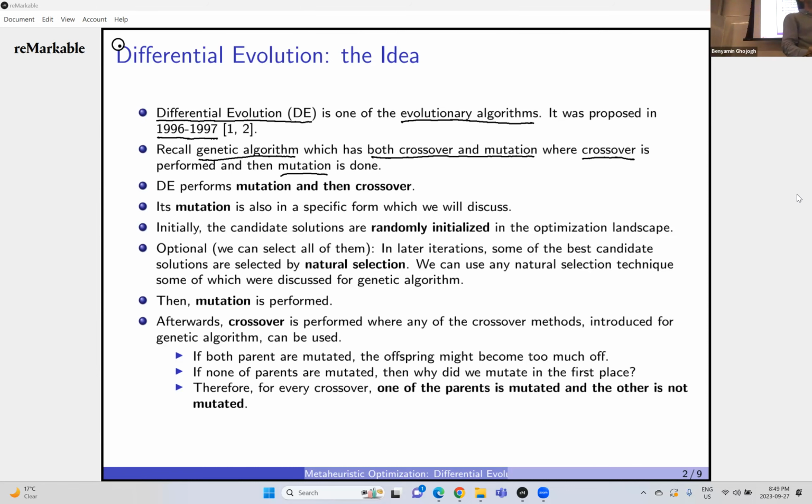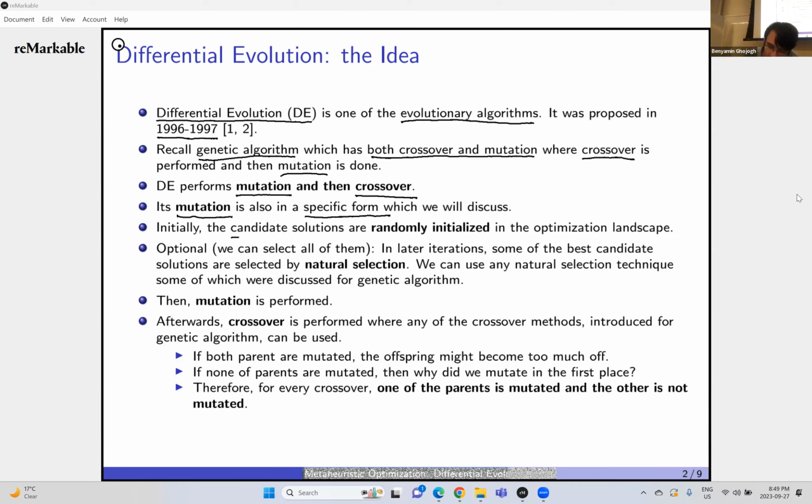I understand that. But there's another difference too, that its mutation has a specific form. So it's not any mutation. So two differences. The order is different. Also, it has specific types of updates, mutation and crossover. Its mutation is also a specific form, which we'll discuss.